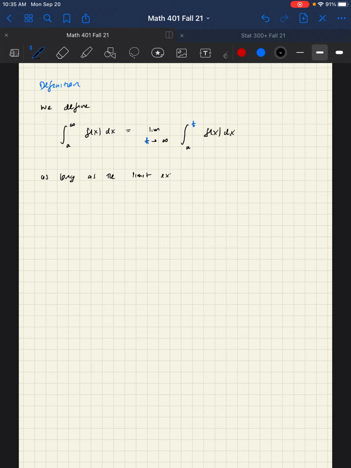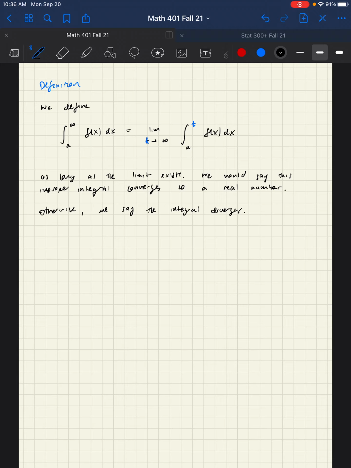So we define this as long as the limit exists. We would say that this improper integral, being the name of this kind of object, converges to a real number. Otherwise, if the limit doesn't exist, we say the integral diverges.